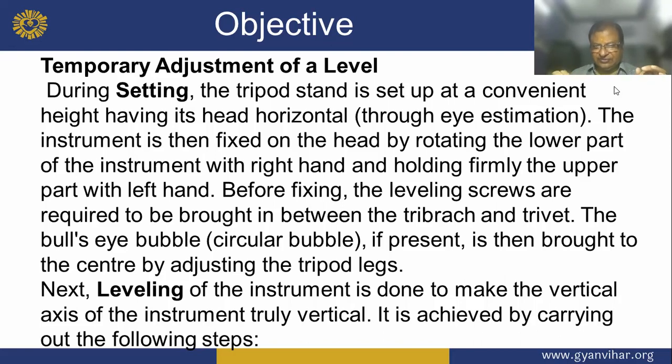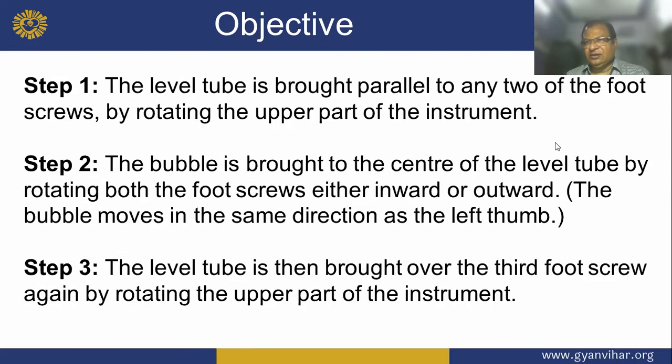So next is leveling of the instrument. It is done to make the vertical axis of the instrument truly vertical. It is achieved by carrying out the following steps. So what are the steps? First, the level tube is brought parallel to any two of the foot screws by rotating the upper part of the instrument.